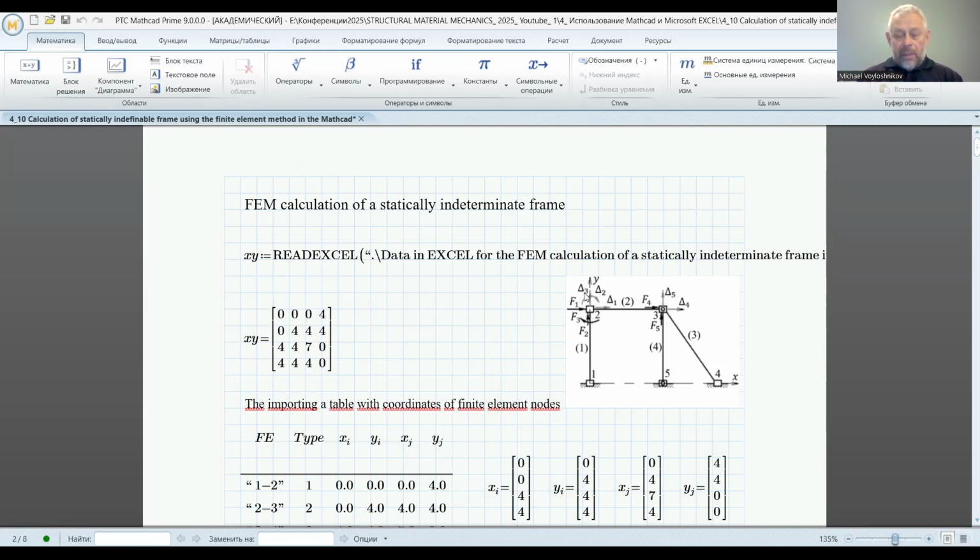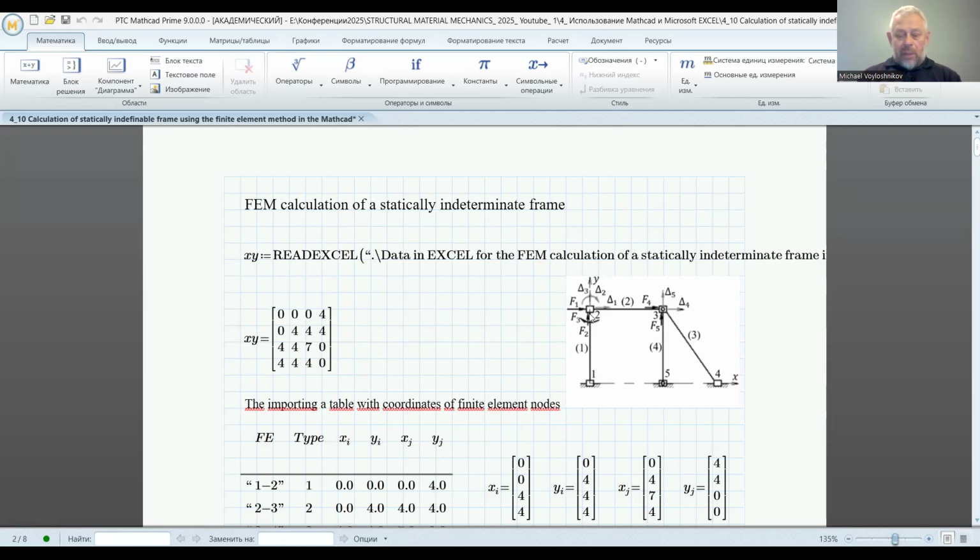We as well consider two displacements of node 3, horizontal displacement delta 4 and delta 5. This is the vector of the displacements of the nodes of the discrete model.